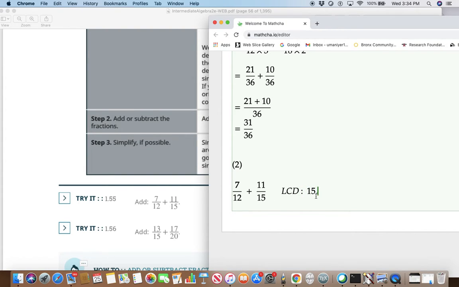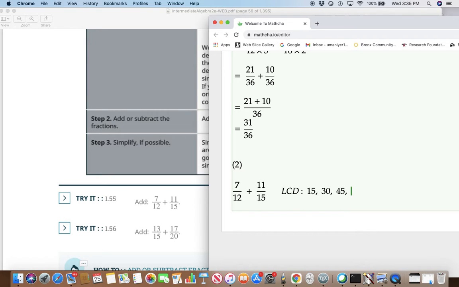Does 12 divide 15 evenly? It does not. 15 is 15 times 1. So let's try 15 times 2, 30. Does 12 divide 30 evenly? No, it does not. So 15 times 3, 45. Does 12 divide 45 evenly?